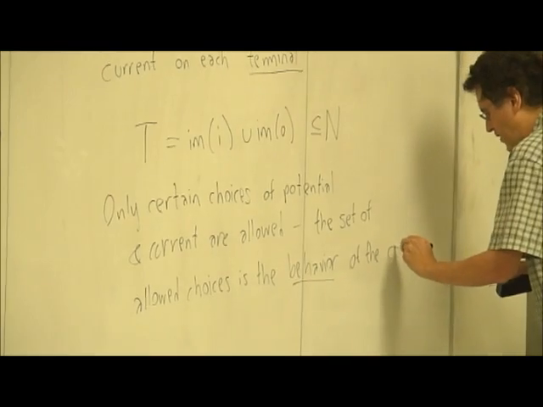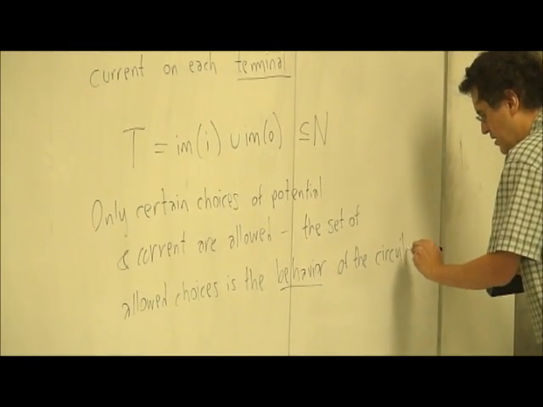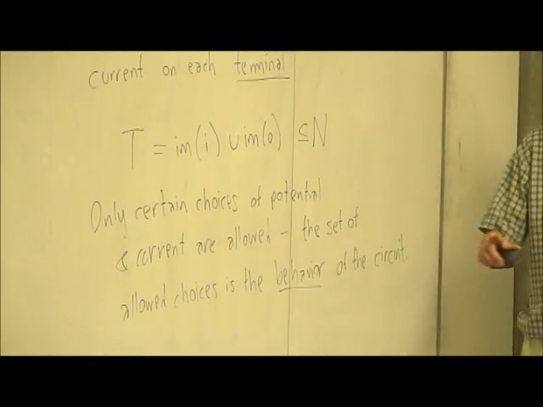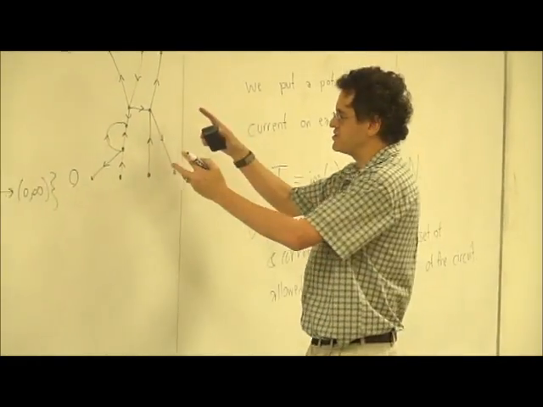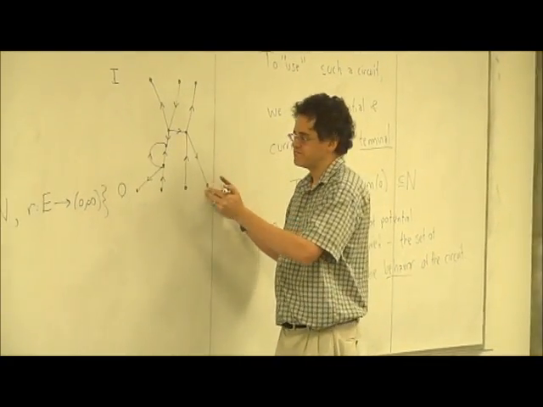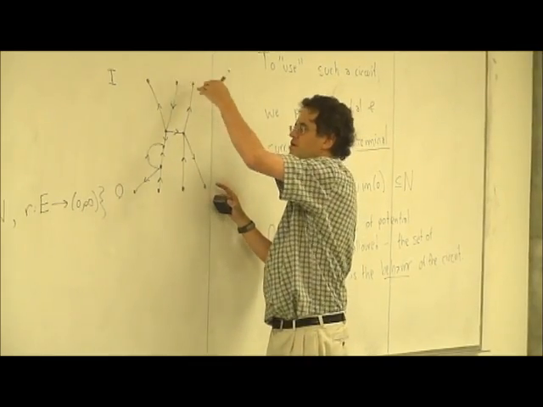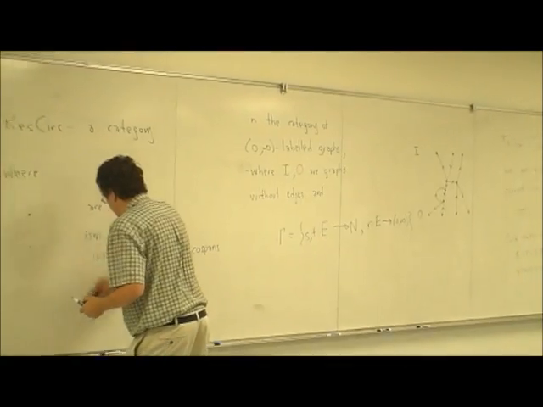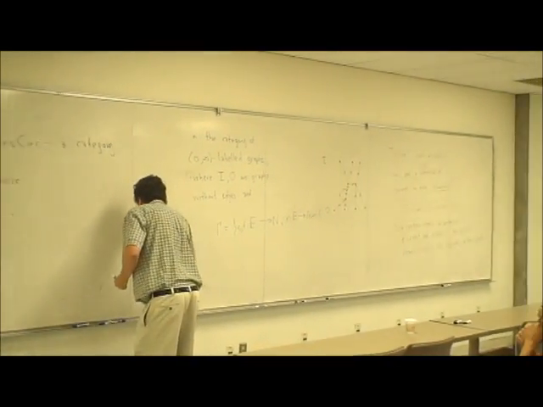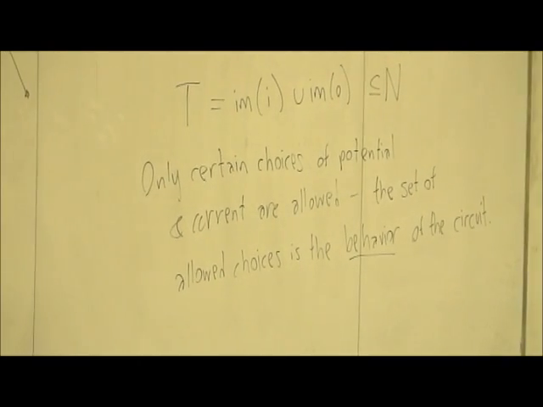Maybe if I wanted to be a bit better, I would call it the external behavior of the circuit. That is, the part of what the circuit is doing that you can notice only by looking at what's going on at the terminals. We think of the terminals as the sort of edge of the circuit, the part that you have the ability to access.